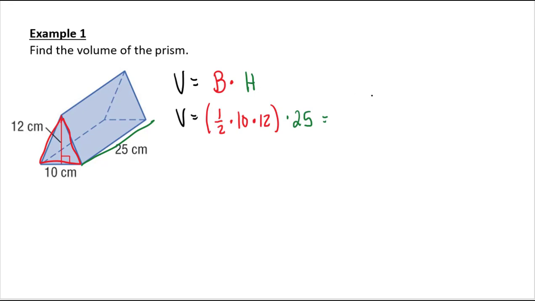So getting that total volume, 1,500 cubic centimeters. It's how many little cubic centimeters, as a cube that is 1 centimeter by 1 centimeter by 1 centimeter, how that fits into our little prism that we have.